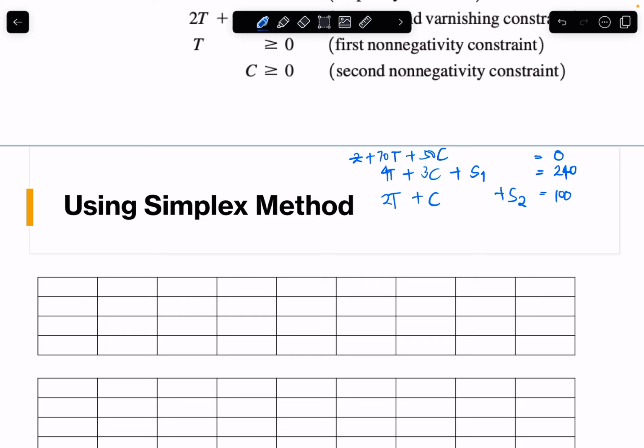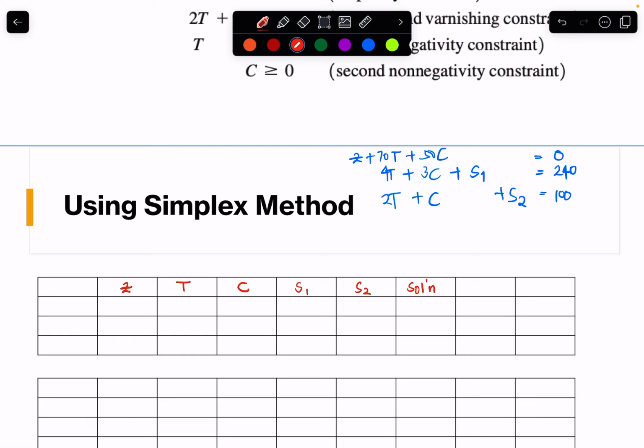So for the columns, we have Z, which is the profit, and then T as the number of tables, C is the number of chairs. S1 is for the first slack variable, S2 is for the second slack variable. Then we have the solution.